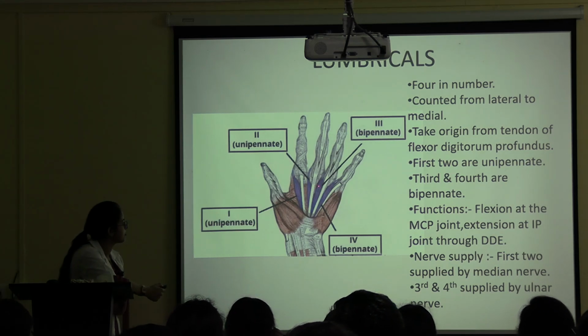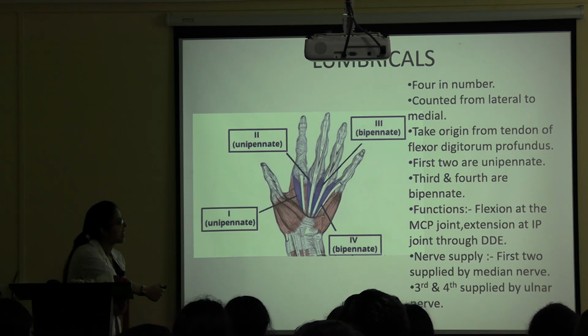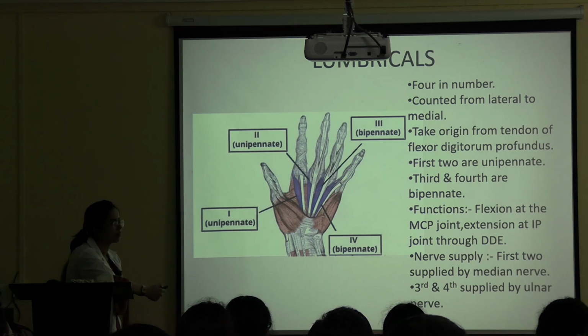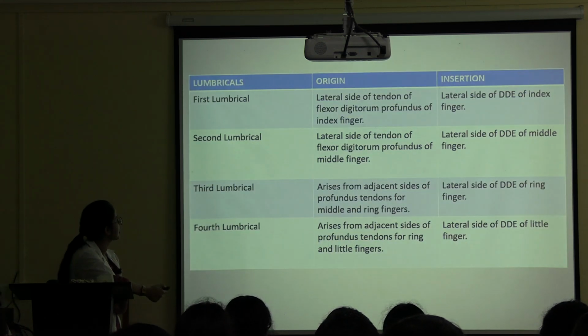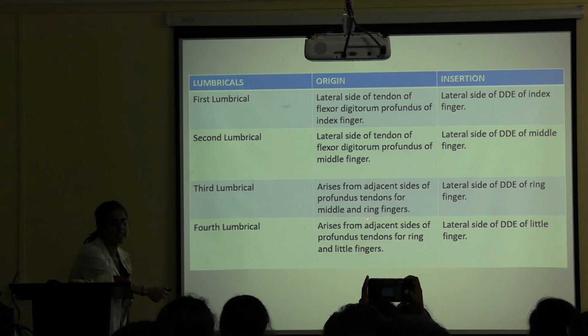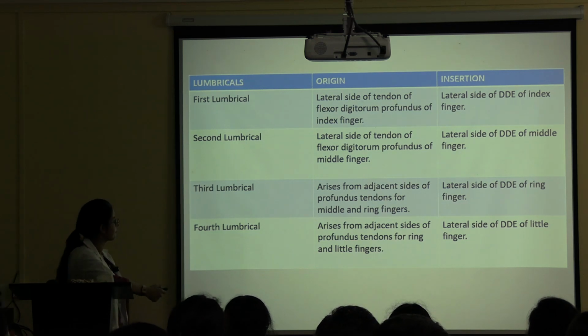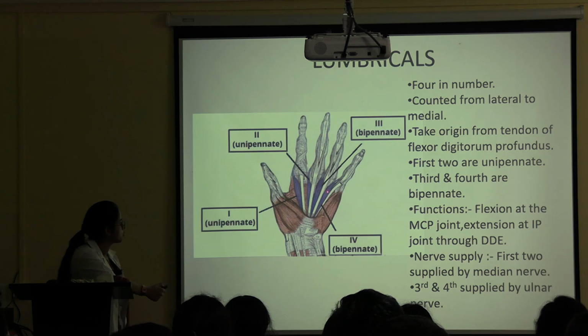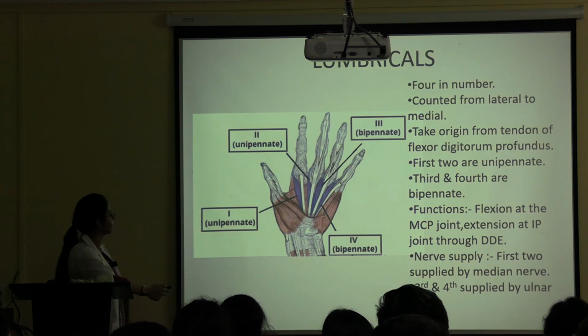Bipennate. So it will originate from the adjacent sides of the profundus tendons for the middle and ring finger. The first is unipennate, so it arises from one side, and these two are bipennate, from this side and this side also.